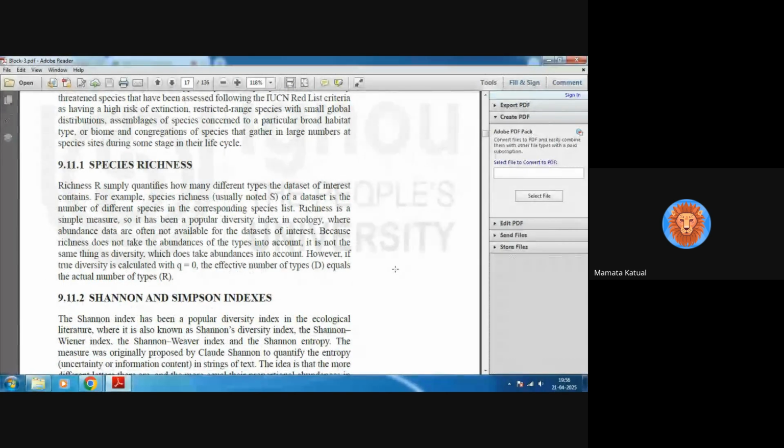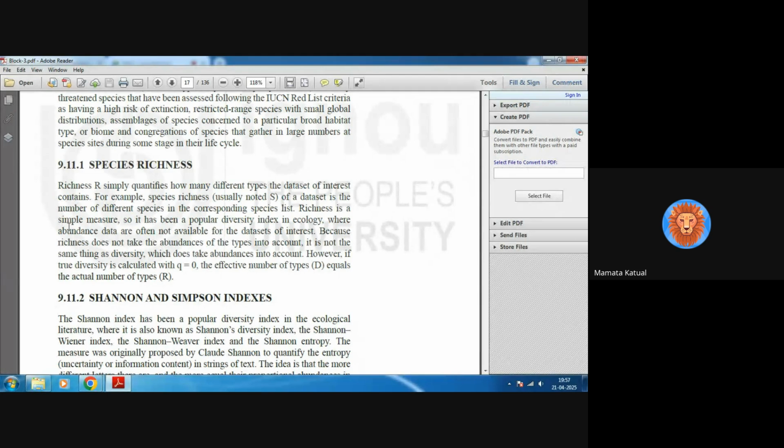This species richness I have already explained. When you find the number of species, that is species richness, and then species evenness or species abundance. So if in any area you find how many species are present, then this is known as species richness.